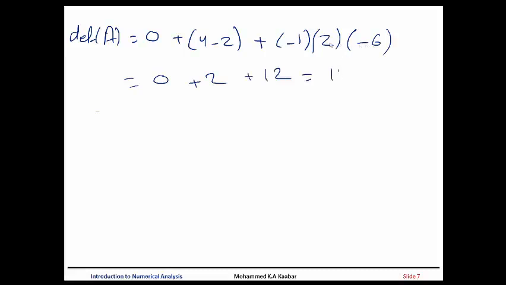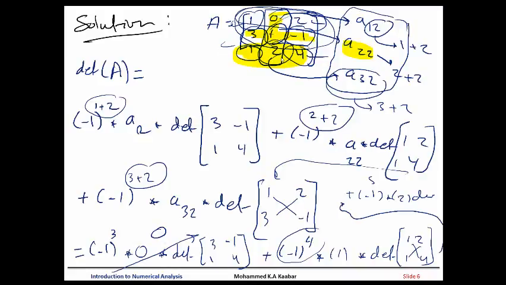This 1 minus 1, four minus 2 is 2 plus, this is 1, let me check it, okay, this is 1, minus 1 to the power 5 times 2, and determinant minus 1 times 3, which is 2, times the determinant minus 1, minus 1, minus 6, plus 6.